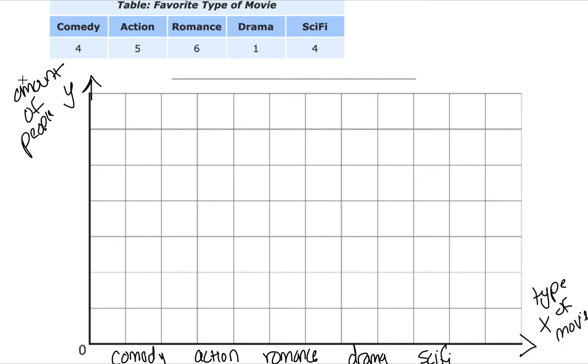You shouldn't be going up to 100 if there's only 6 as your biggest number. You also shouldn't only go to 2, because clearly we have to be able to graph 6. So that's what you would consider a reasonable scale for your bar graph. This one just so happens to fit exactly.